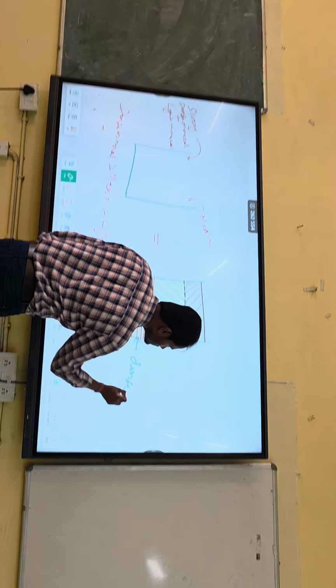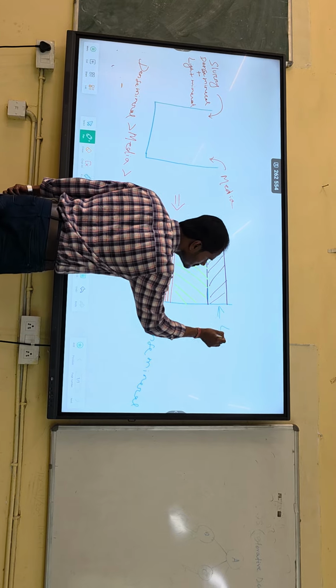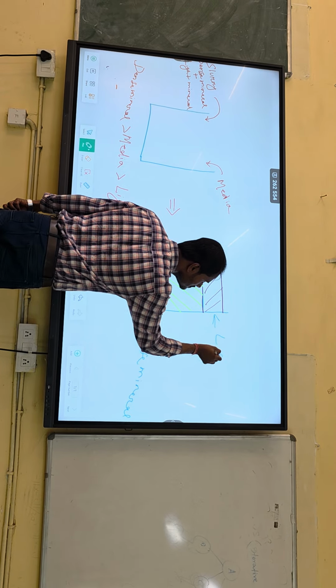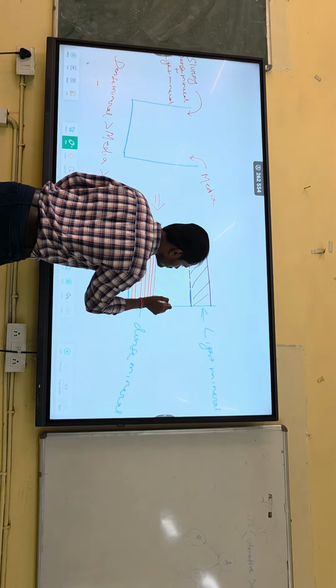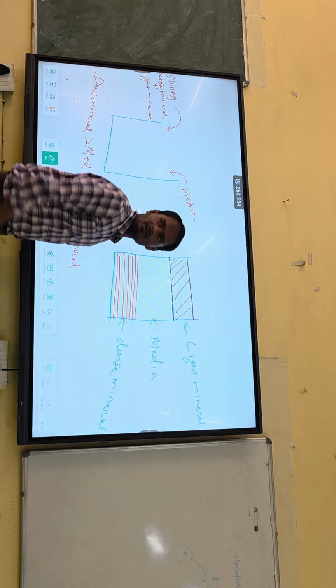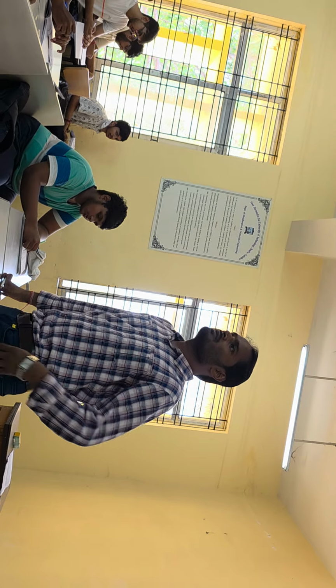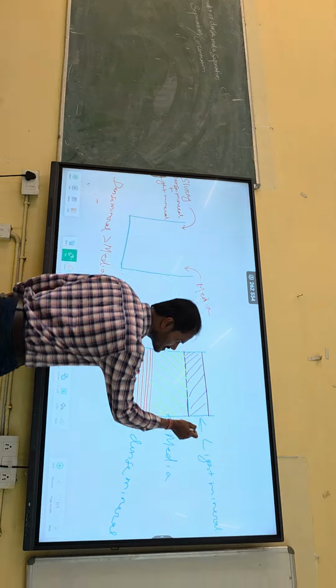Dense mineral, one. See, we are just forming three different layers. That's all. And this light mineral is basically what?